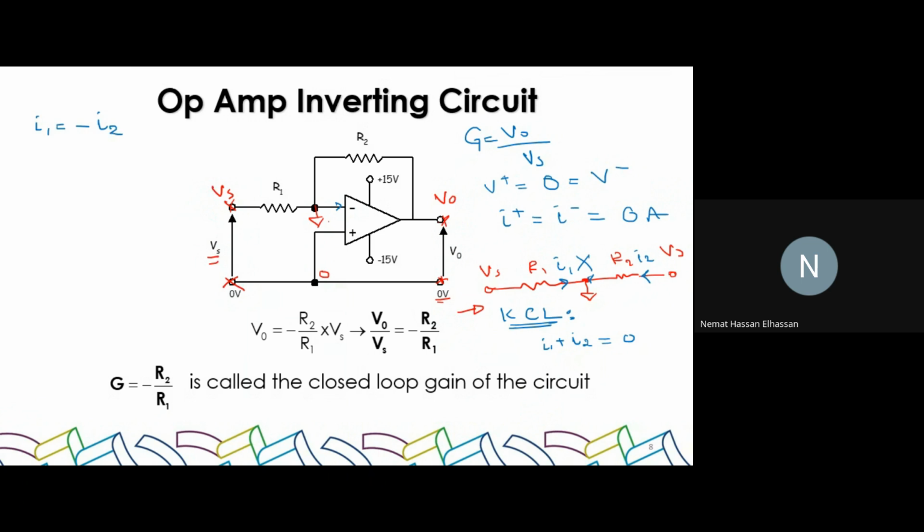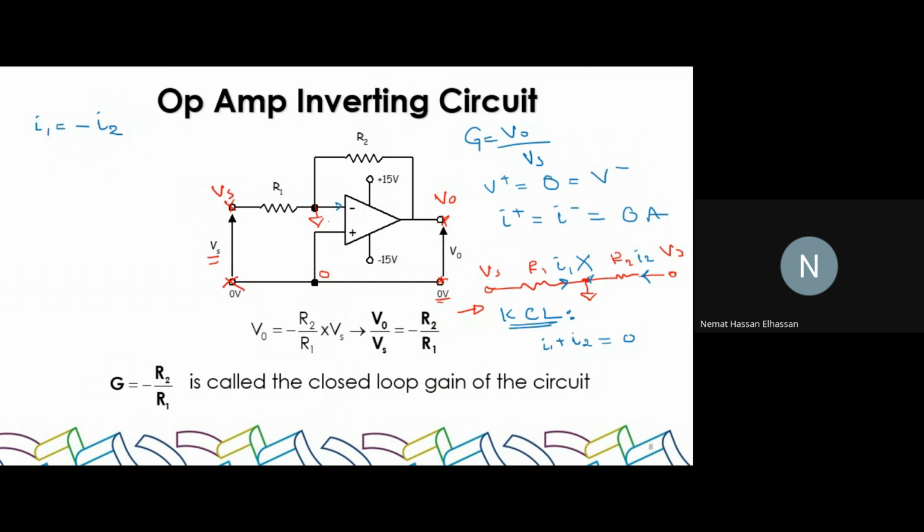Make sense? What is I1 equal to? Using Ohm's law, current is equal to what? Voltage over resistance. So if I want to know the current passing through a resistor, it's equal to the difference between the voltage at its terminals divided by the resistance value, right?